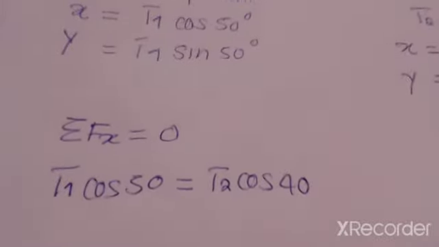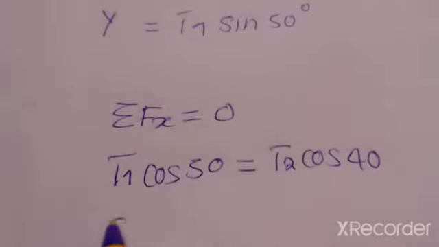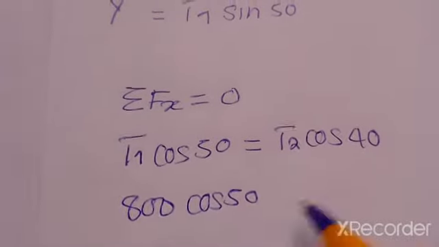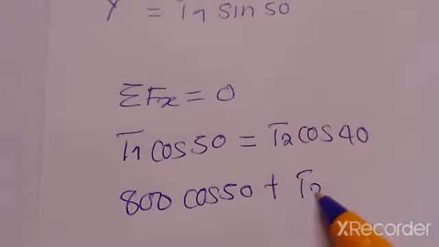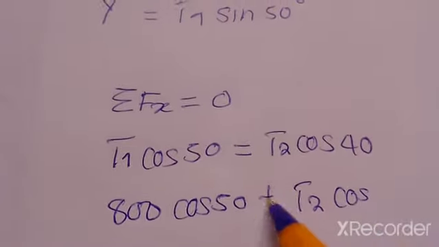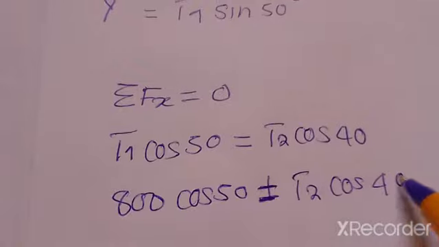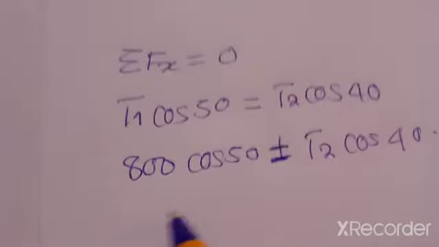We know that T1 is equal to 800. So we can say 800 cos 50 is equal to T2 cos 40. So what is T2?